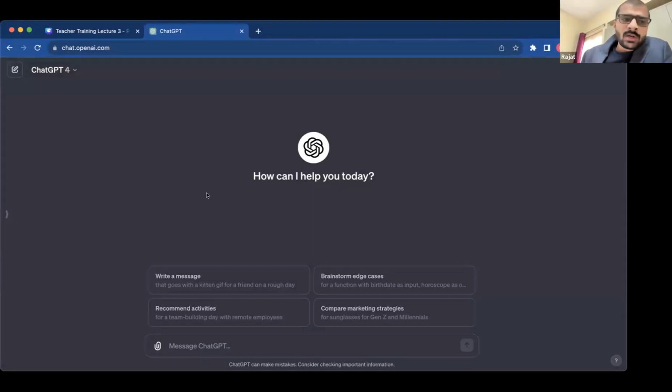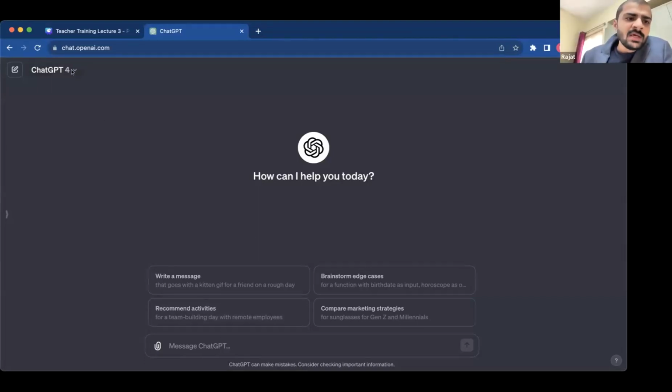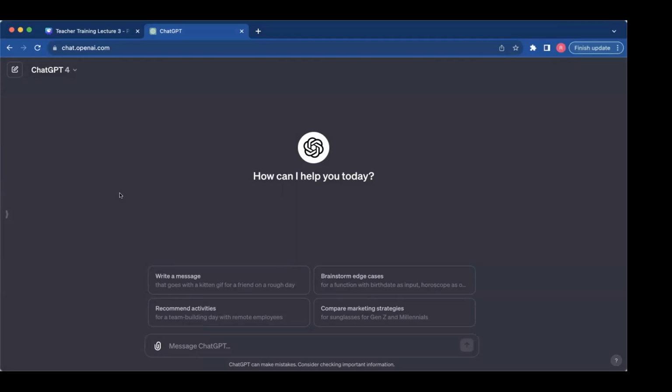But one thing which we would really like to clarify or rather elaborate in this call is that GPT-4 has a huge number of advantages compared to GPT 3.5. GPT 3.5 is very good, as it's mentioned here, for everyday tasks. But as teachers, if you really want to take your teaching to the next level, as we'll show during this call, GPT-4 has a huge number of benefits. And the cost is just $20 per month.